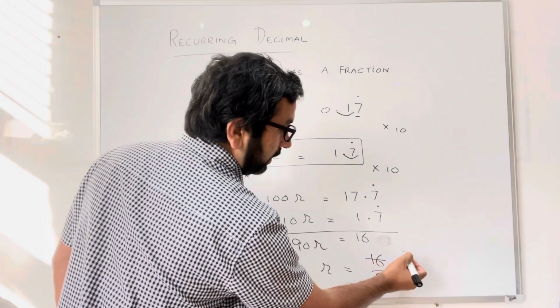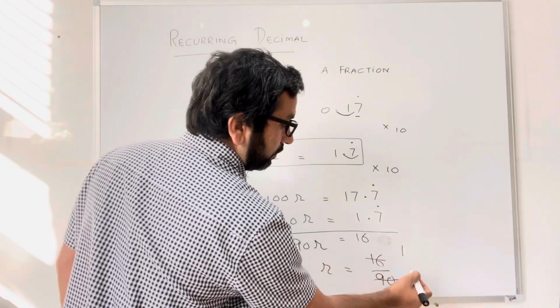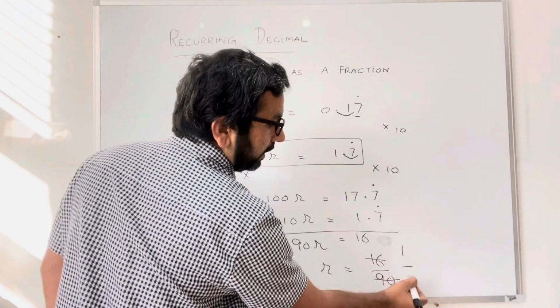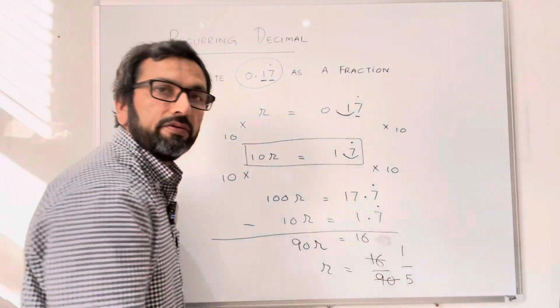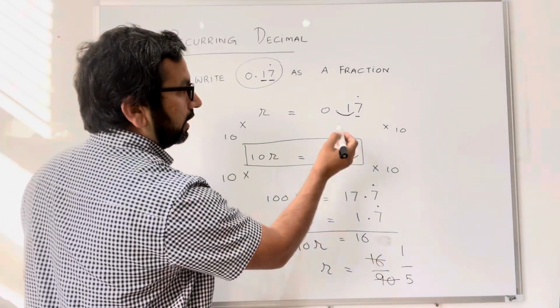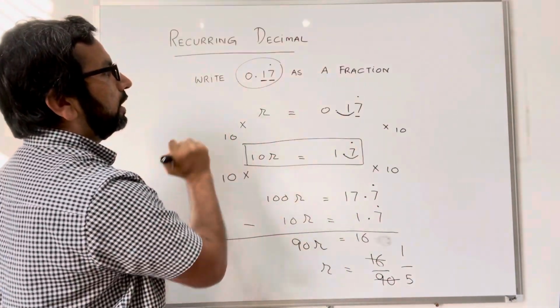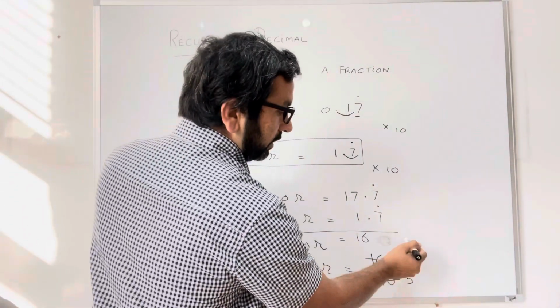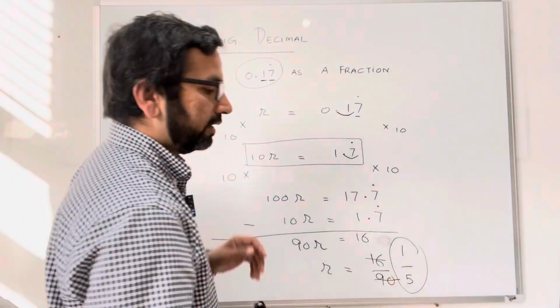So 16 divided by 16 is 1, and 90 divided by 16 is 5. So our recurring decimal 0.17, when we convert it into a fraction, is gonna be 1 over 5.